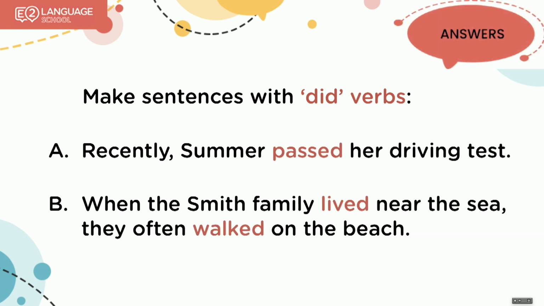Okay, this was pretty easy. Hopefully you wrote, recently Summer passed her driving test. And B, when the Smith family lived near the sea, they often walked on the beach.